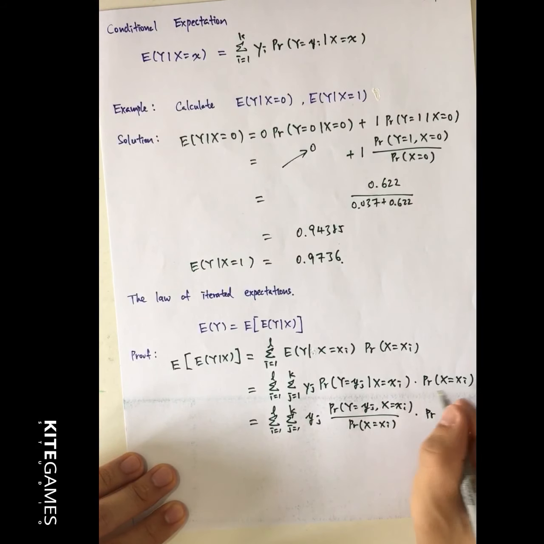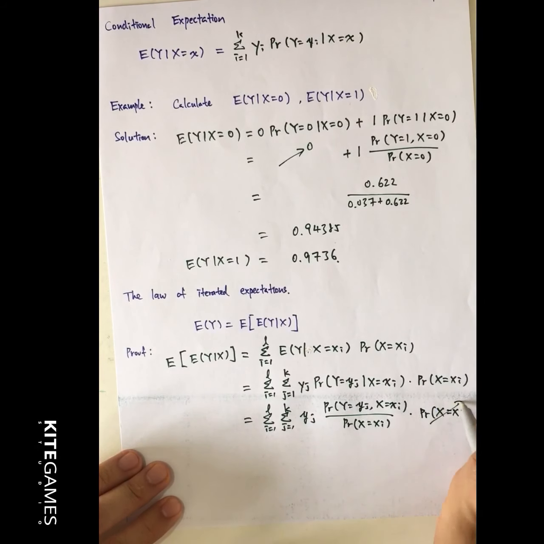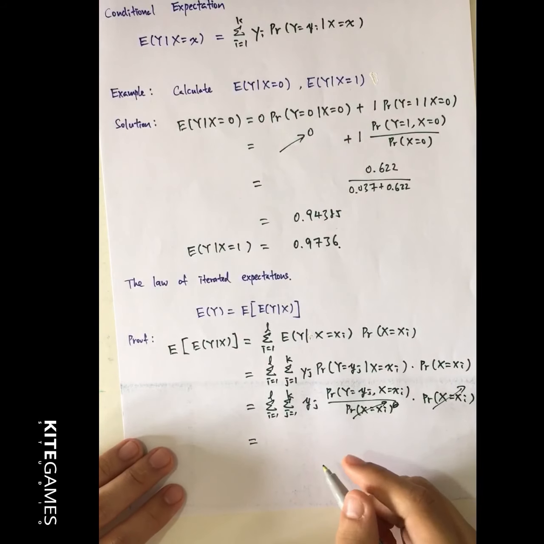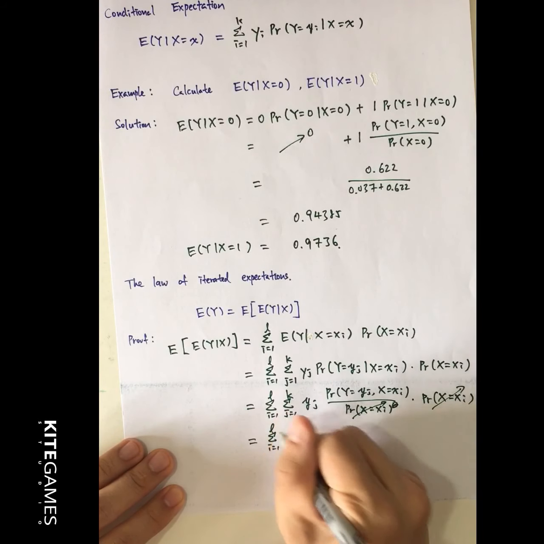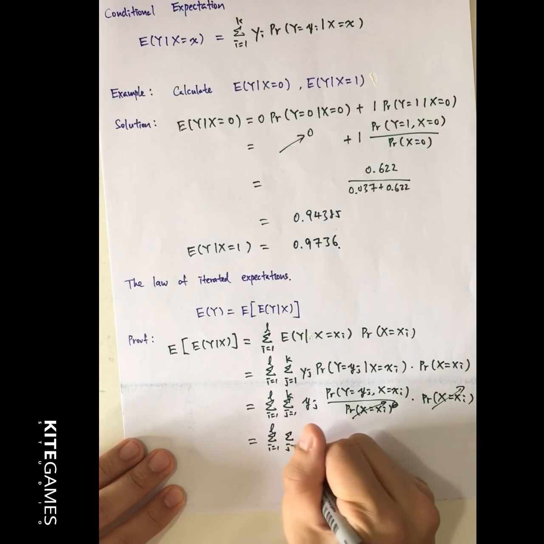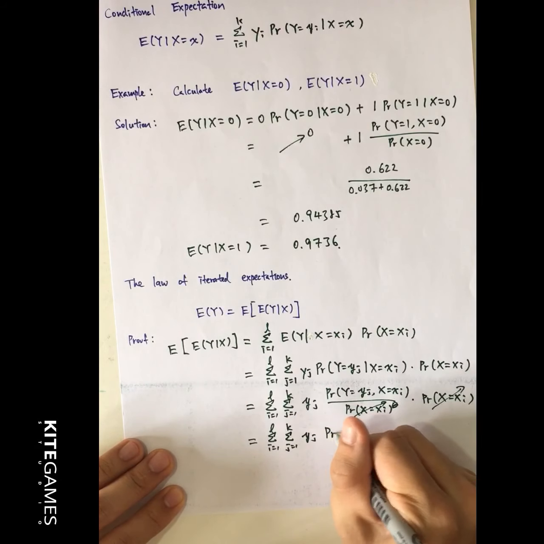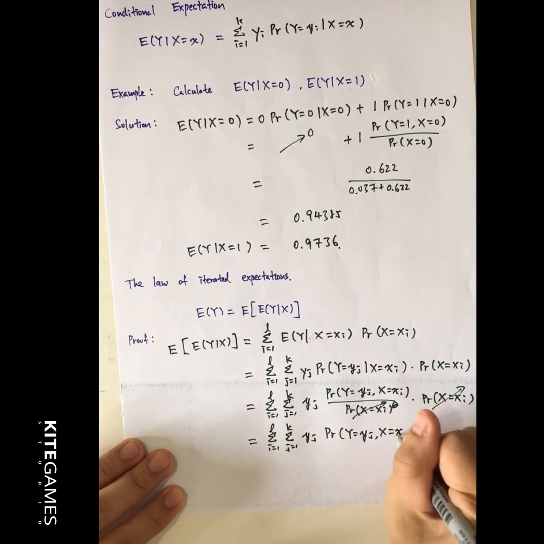Then keep rewriting the second part. Here you can see that this part and this part can be cancelled. So what is remaining is just the sum from i equal to 1 to L, and from j equal to 1 to k, of yj times the probability that y equal to yj and x equal to xi.